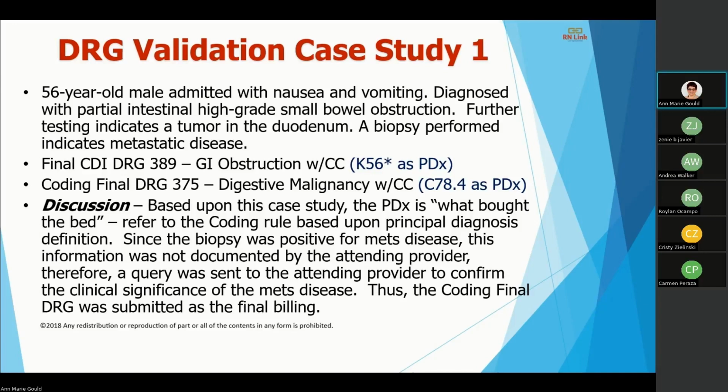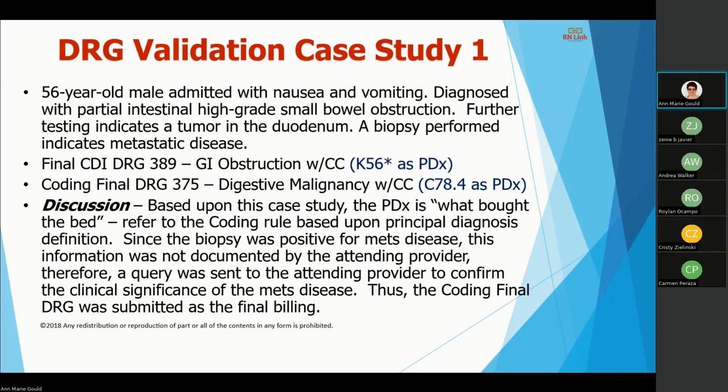Once that query was answered, that's why the coder said, nope, it's going to be the Mets disease instead of the GI obstruction, because your Mets disease is basically what caused the bowel obstruction to occur, right? So that's why you want to have your Mets disease as your primary diagnosis, and then your bowel obstruction would be a secondary for this patient.